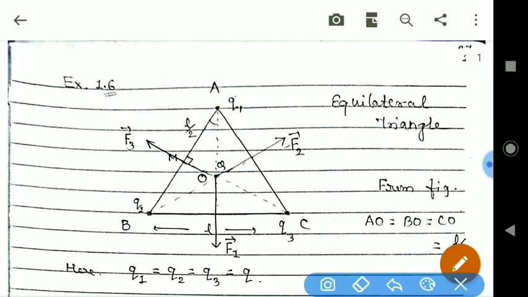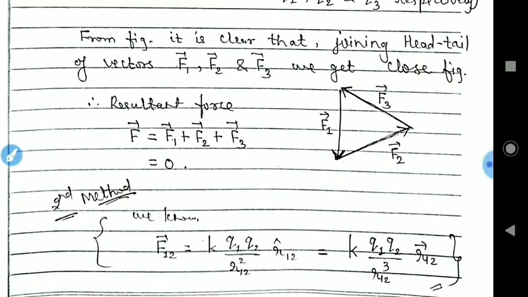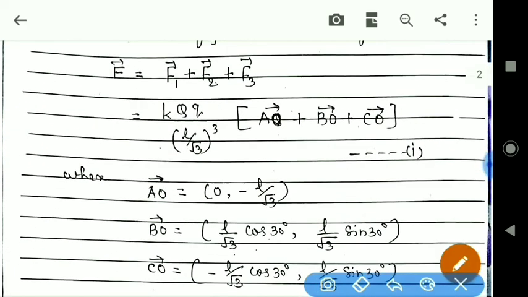It is because the charges Q capital and this Q2 are positive, they are like charges, and so the force on this charge due to this will be repulsive. So this is the direction of force. Similarly, the direction of force on this Q due to A is repulsive, so it is also away from it. In this way, the directions of all these forces are given. So once again come to this. These are the directions of these forces.